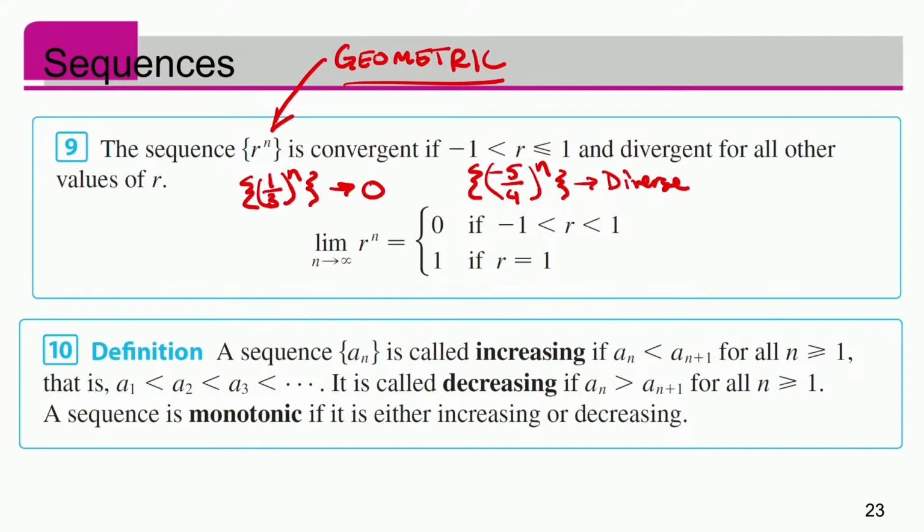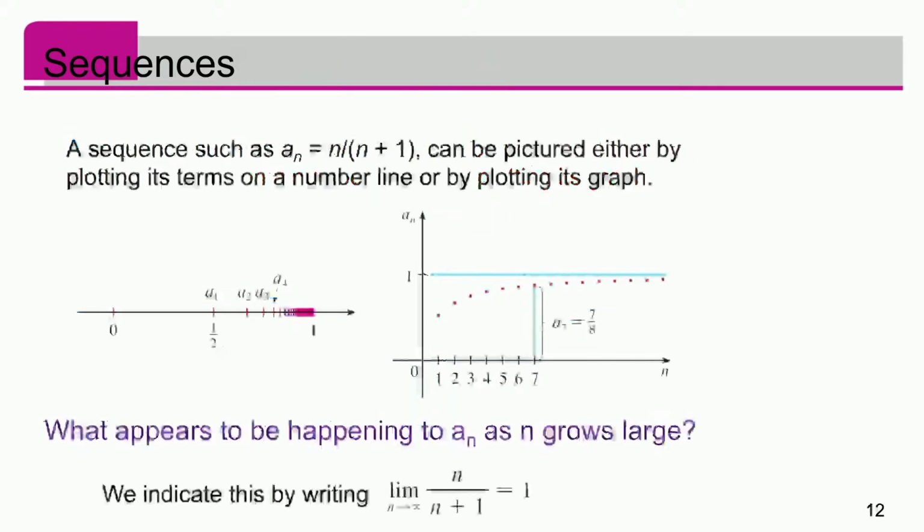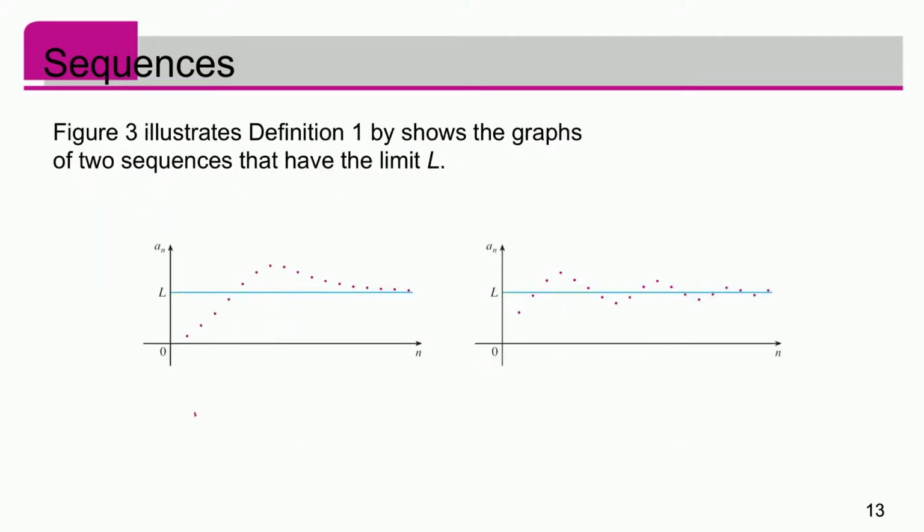Let's see if we can go back to the very beginning and show you this picture again. Where did the picture go? There it is. So that is an increasing sequence. Do I have a picture of a decreasing one? I do not. Neither of these are increasing or decreasing, so they do both.